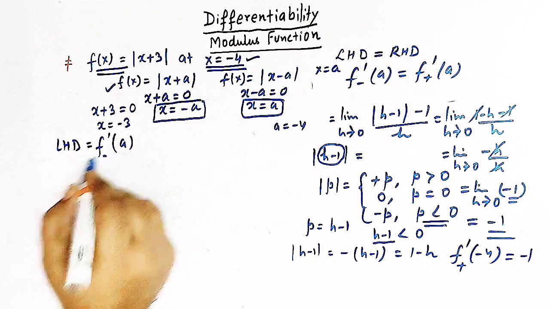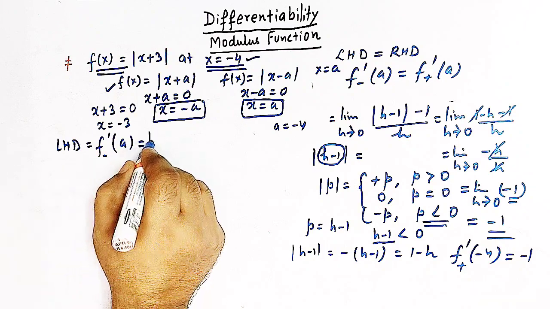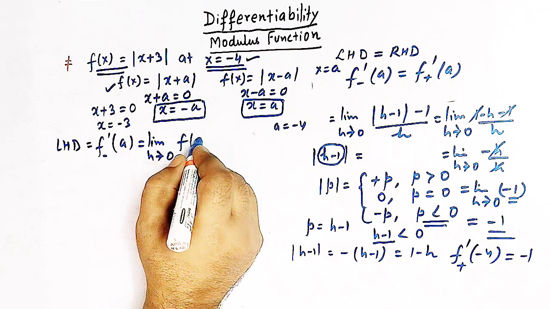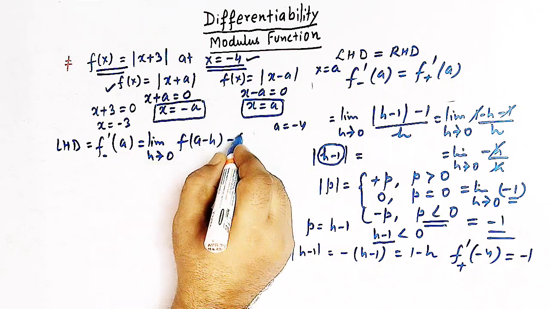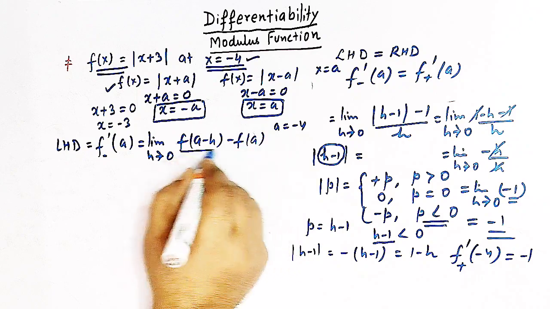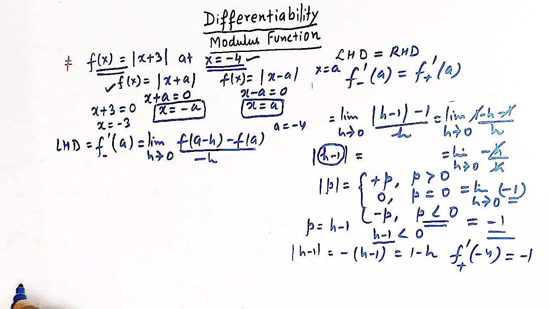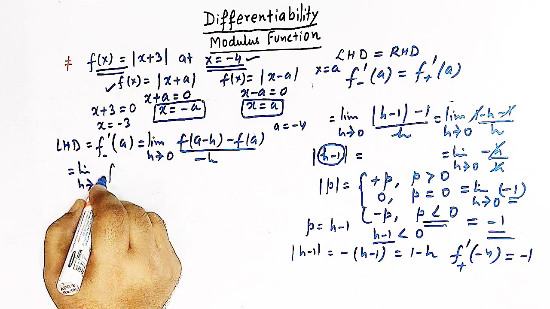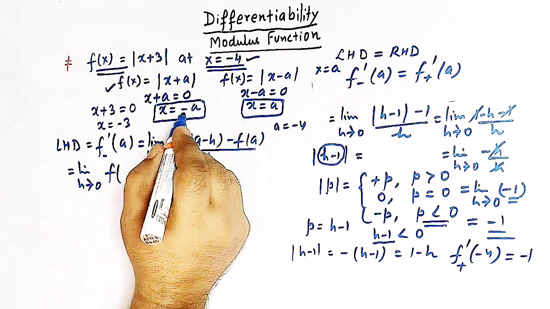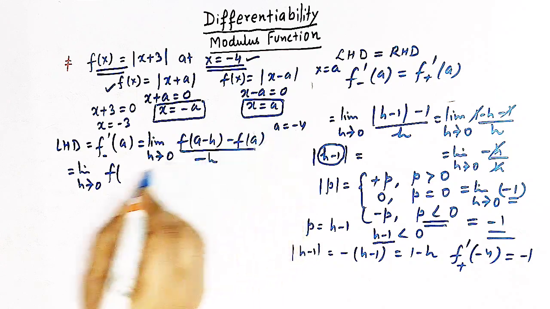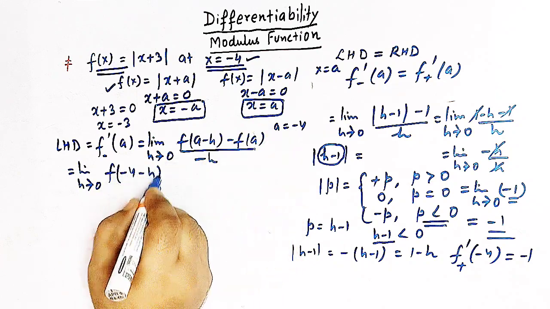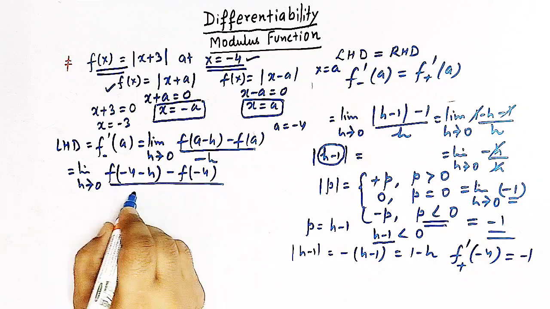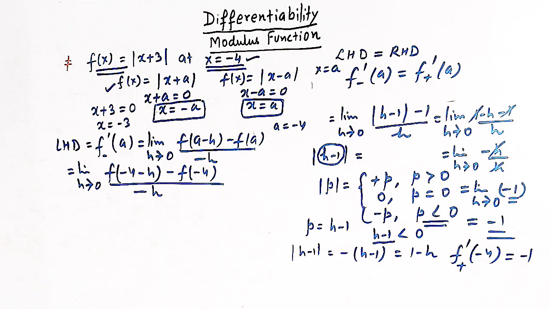Here we put a negative sign, and this is given by the limit h tends to 0 of f of a minus h minus f of a divided by minus h, right? So this is limit h tends to 0, f of a can be replaced by minus 4. This is f of minus 4 minus h minus f of minus 4 divided by minus h, right?